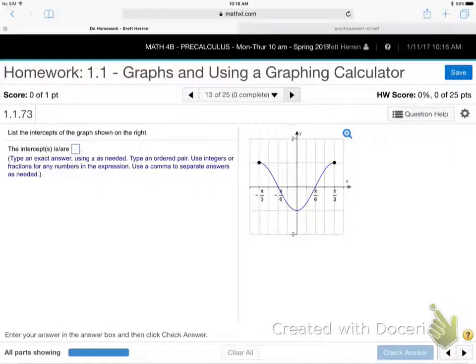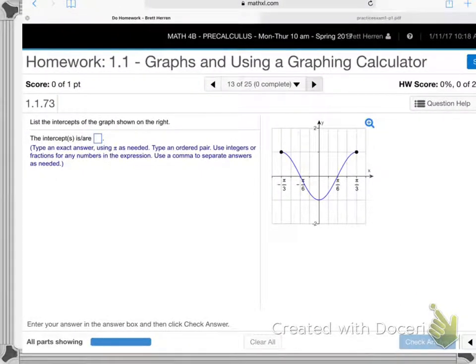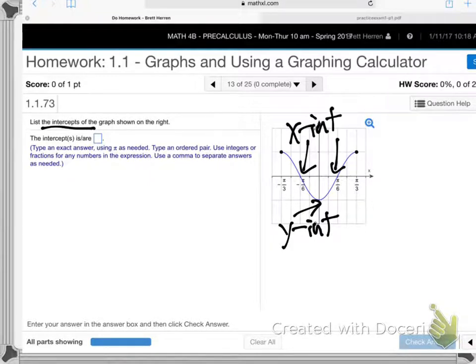Intercepts mean where the thing hits the x and y axis. Exactly right. So when they say find the intercepts, that's right here, and right there is a y-intercept, huh? And these two are x-intercepts, aren't they?